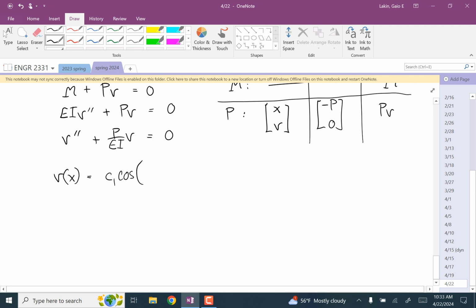And the argument of the cosine and sine both has to be square root of P over EI times X. That's so when you take two derivatives, it has the effect of having a coefficient of P over EI. You're going to be multiplying by this square root twice. Plus C2 times sine of that.